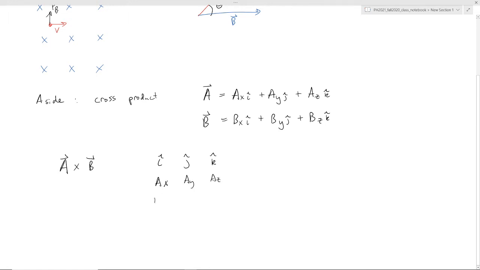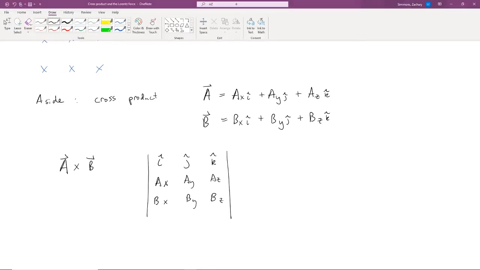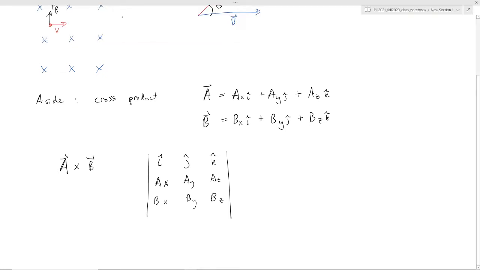And how you evaluate this is you look at the diagonals of this thing. Let me see if I can put some color in here to help you keep track. So you look at the diagonals.